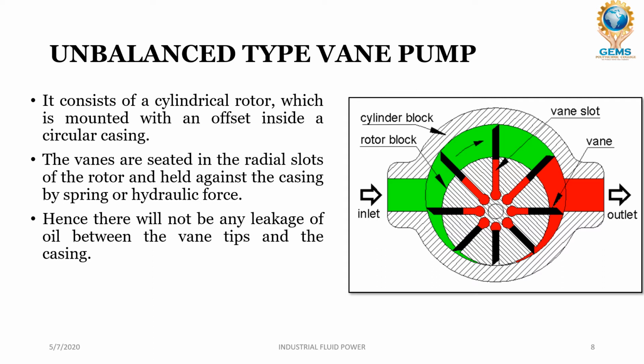Let us see this unbalanced type vane pump. It consists of a cylindrical rotor which is mounted with an offset inside a circular casing. The vanes are seated in the radial slots of the rotor and held against the casing by spring or hydraulic force.